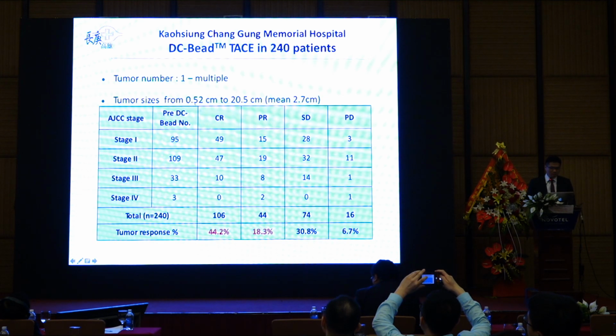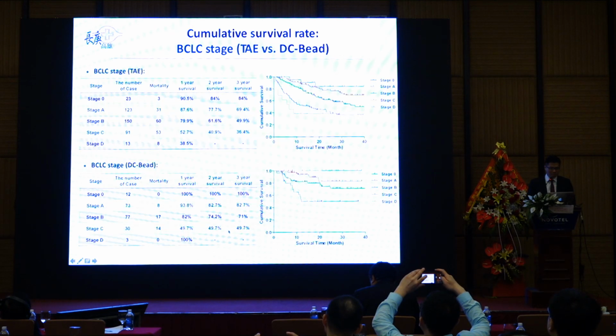This is another medical center in South Taiwan, and I think it has the biggest liver transplantation program in Taiwan. They used DEB-TACE in 240 patients, and the short-term response rate is over 70%.